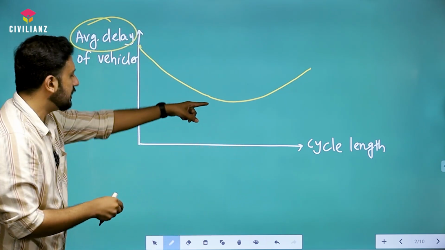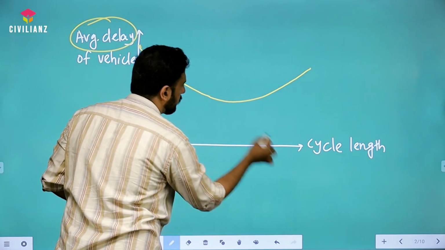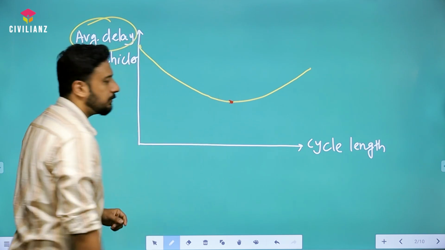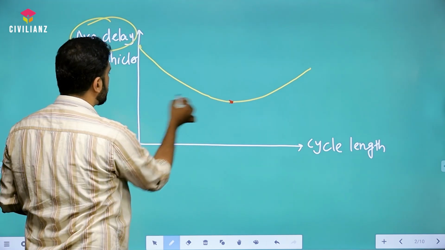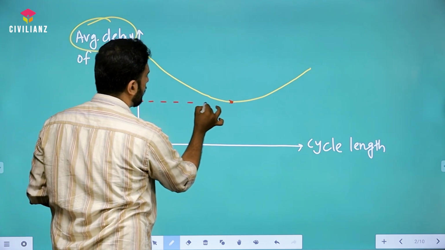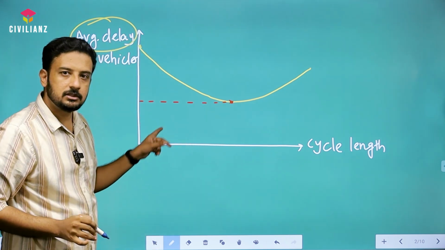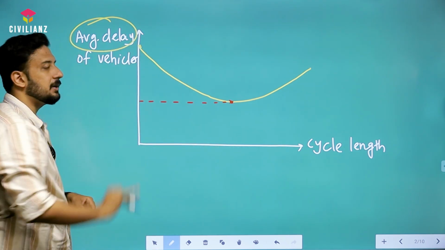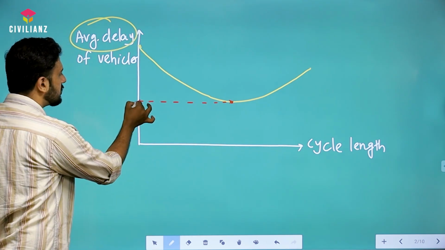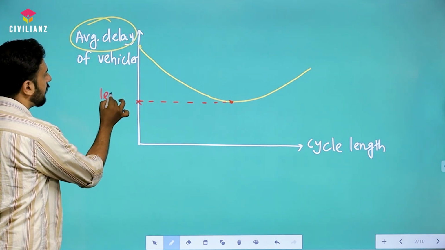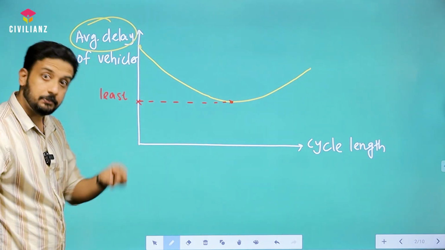Understood or not? So this particular value, what is this point? This point is the optimum point. This is the point which represents the least value of the y-axis. What is the y-axis? Average delay per vehicle. So this value is the least value of average delay per vehicle, right?